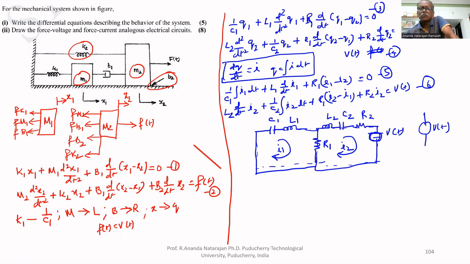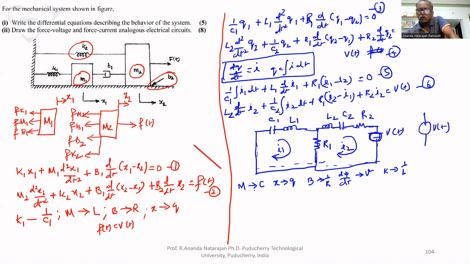For that, we have to assume M equals C, X is Q, and B is 1 by R. d phi by dt is V, and K is 1 by L. We have to replace K by 1 by L.